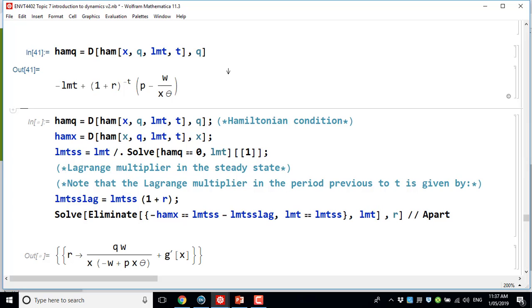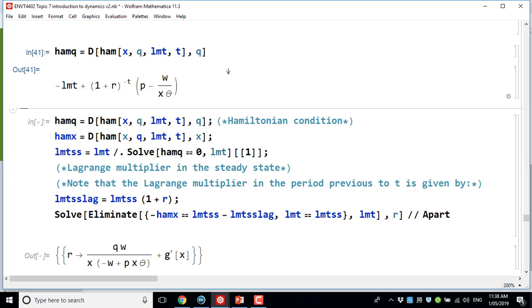So taken all together, that just gives you the present value of catching a ton of fish. And then you've got this Lagrange multiplier here. We're going to set this equal to 0. So therefore, we can put that Lagrange multiplier over onto the right-hand side.